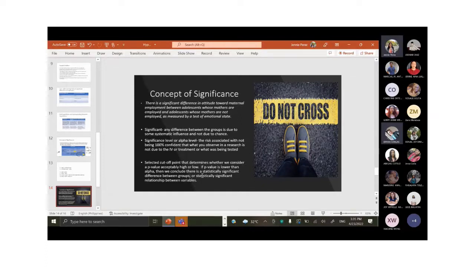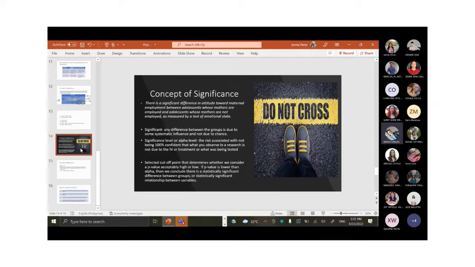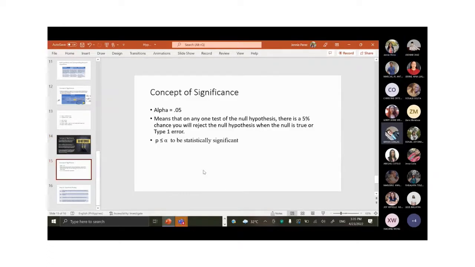It is a selected cutoff point that determines whether we consider a p-value as acceptably high or low. If the p-value is lower than alpha, then we conclude there is a statistically significant difference between groups or a statistically significant relationship between variables.